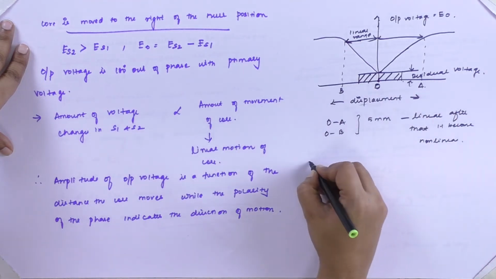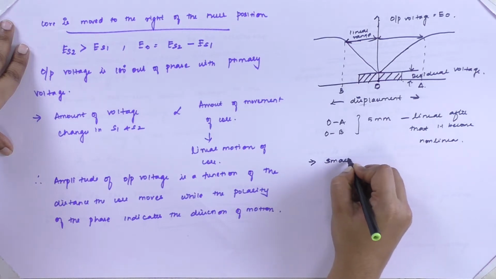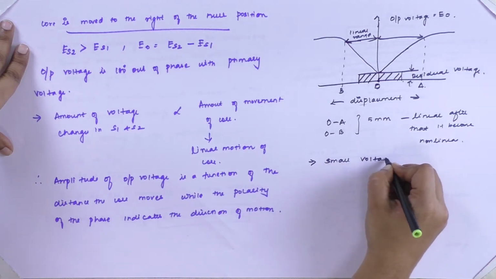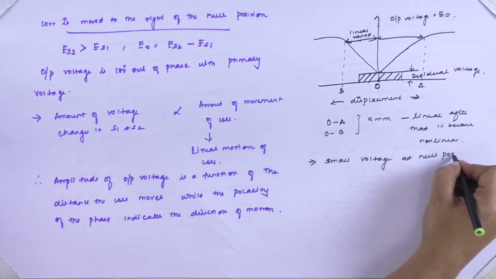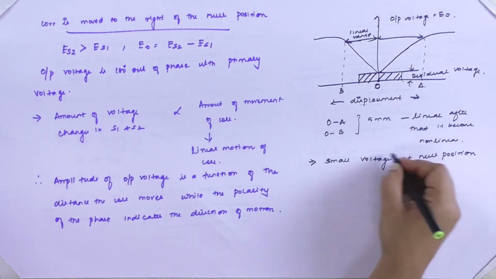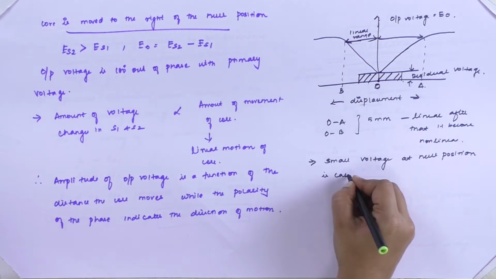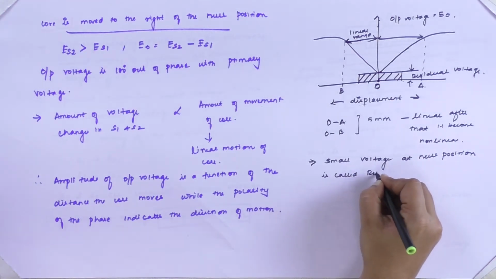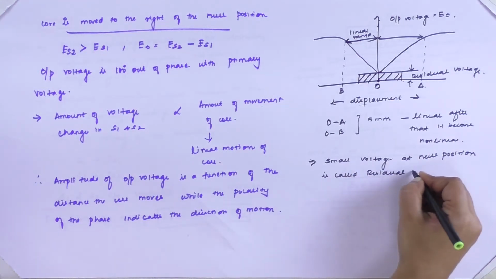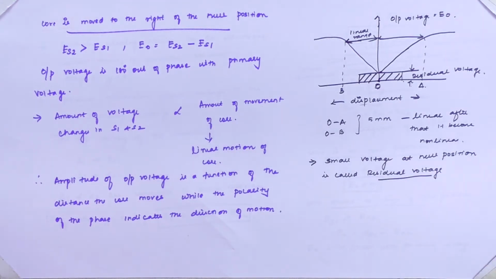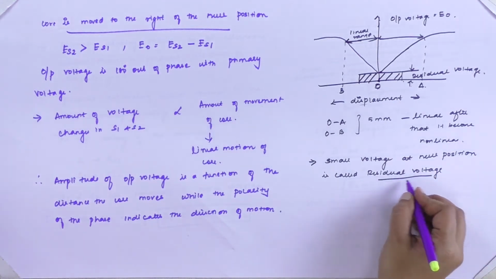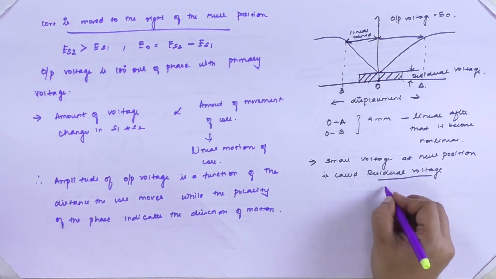The small voltage at null position is called residual voltage. So why does this residual voltage occur?